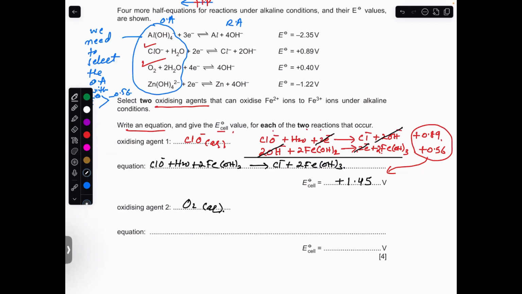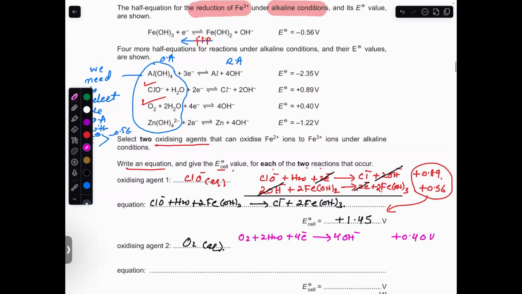Now the other one, oxygen aqueous is the oxidizing agent. This is O2 plus 2 water plus 4 electron, making 4 OH negative, plus 0.40. This one is again flipped and multiplied by 4 this time. 4 OH negative, 4 Fe(OH)2, making 4 electron and 4 Fe(OH)3.